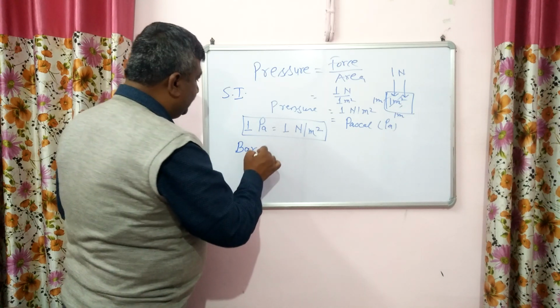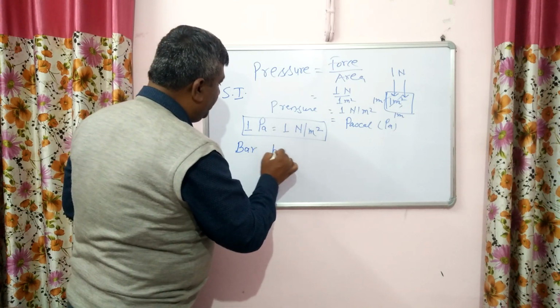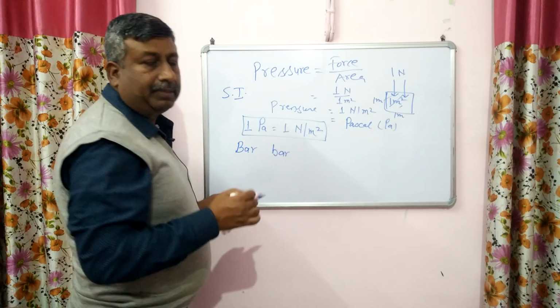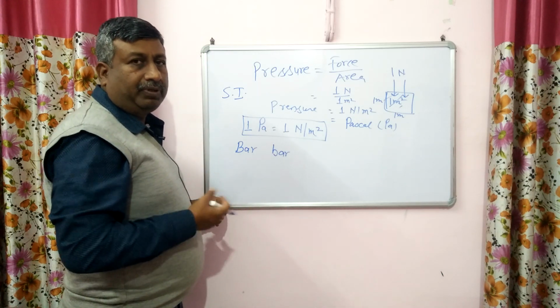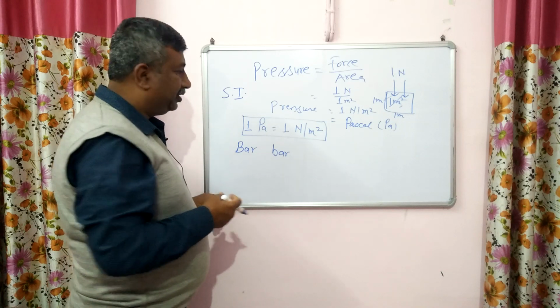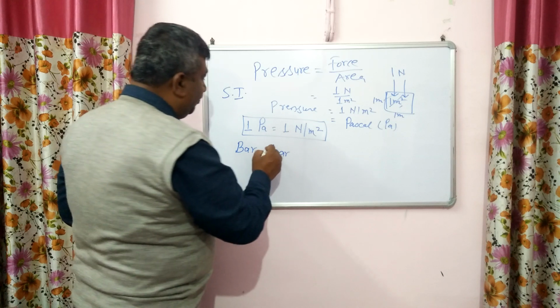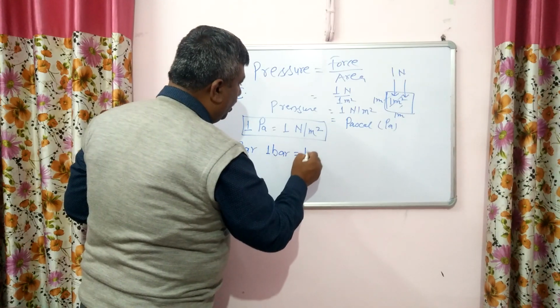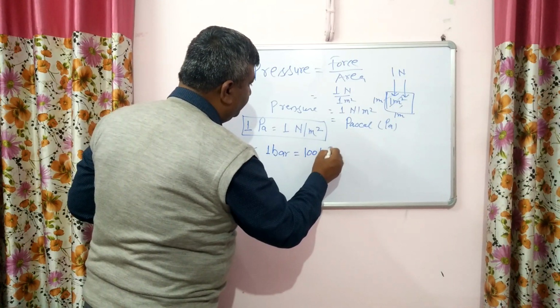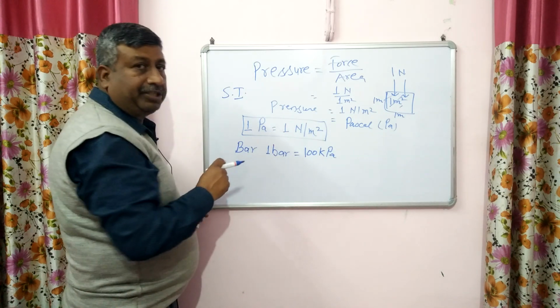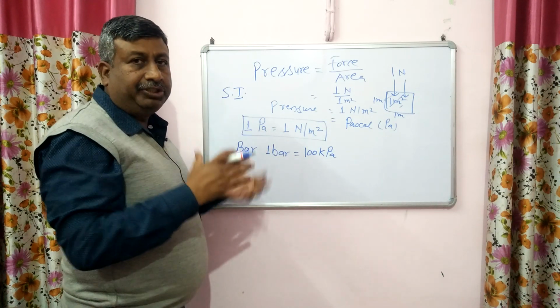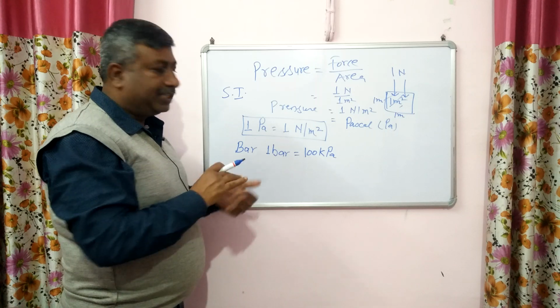It is generally written as bar. This bar is related to the barometer which is used for the measurement of atmospheric pressure. So it is derived from barometer, and 1 bar is equal to 100 kilopascal. Pascal is actually a very small unit of pressure, that's why pressure is expressed in bar.